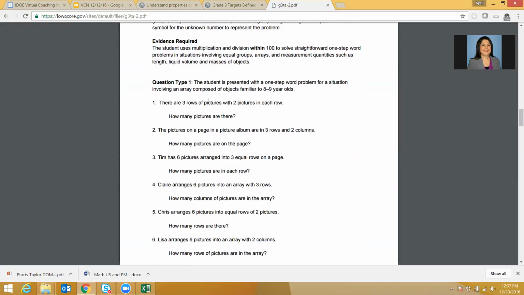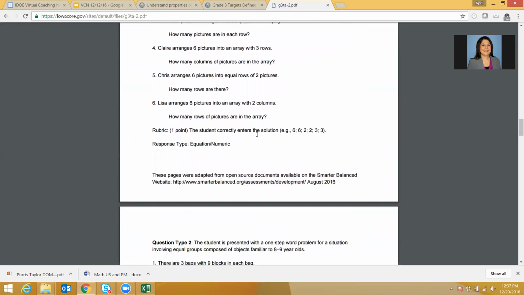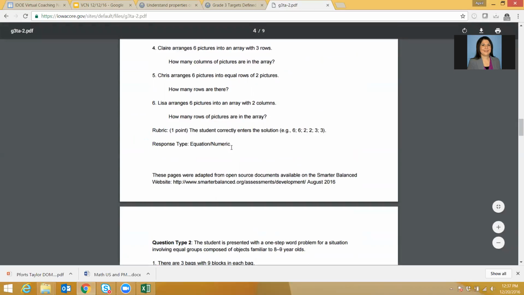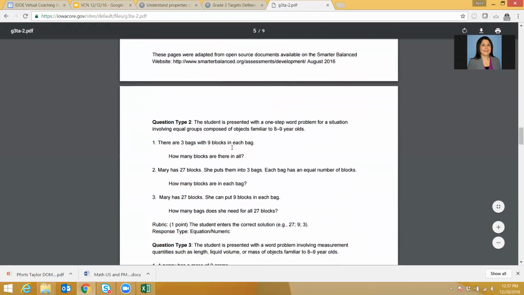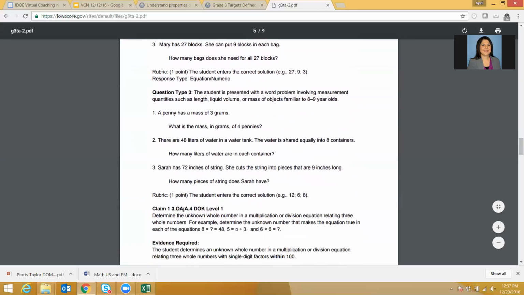So the student is presented with one-step word problems for a situation involving an array composed of objects familiar to 8 to 9-year-olds. And then we have different question stems. We have a rubric, and we have a response type. Then we go to a second question type, and we have some examples, a third question type.